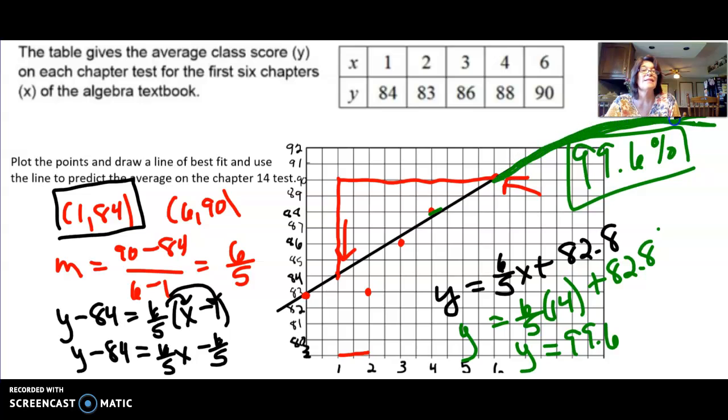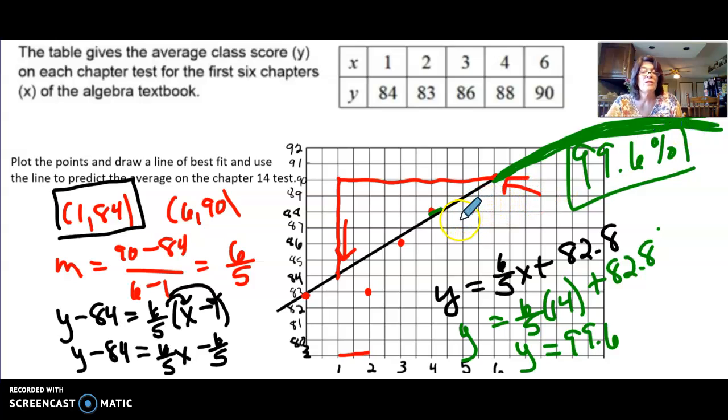A class average of 99.6 is pretty tough to have. So the other thing you want to do is look at your prediction line and see if that makes sense, or if this is a situation where we get so high and then we just want to maintain that. That's all we might be able to do.